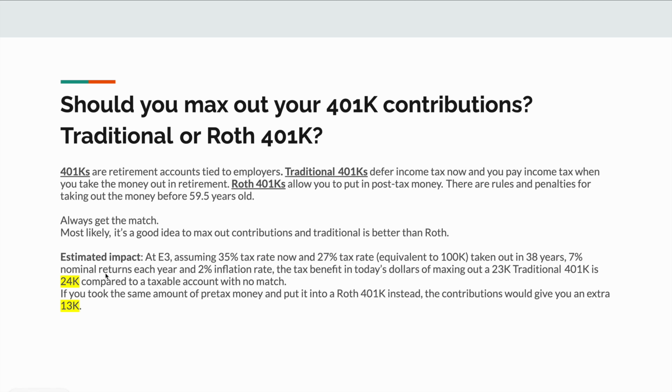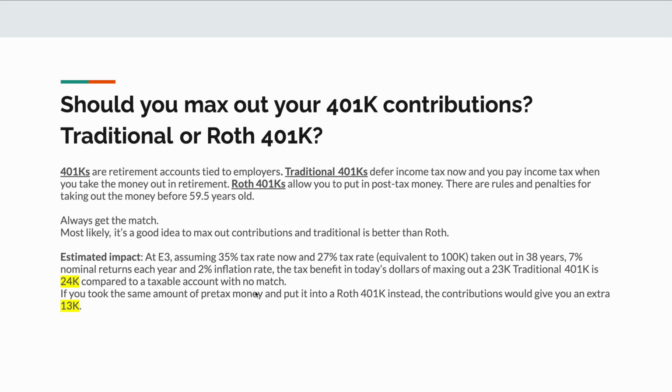We're going to assume 7% nominal returns each year in the stock market with the investments that you're buying, and a 2% inflation rate. So the tax benefit in today's dollars of putting $23,000 into the traditional 401k is going to be $24,000 compared to putting that same amount of money into a taxable account.